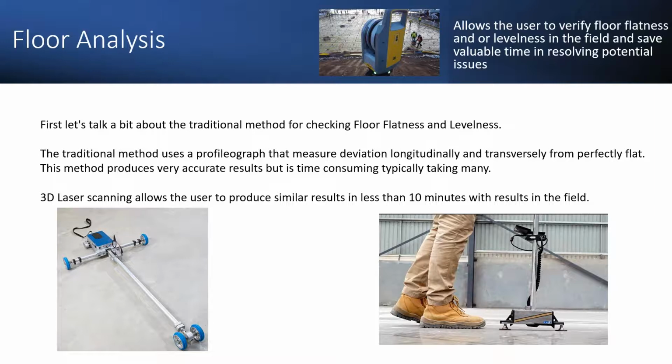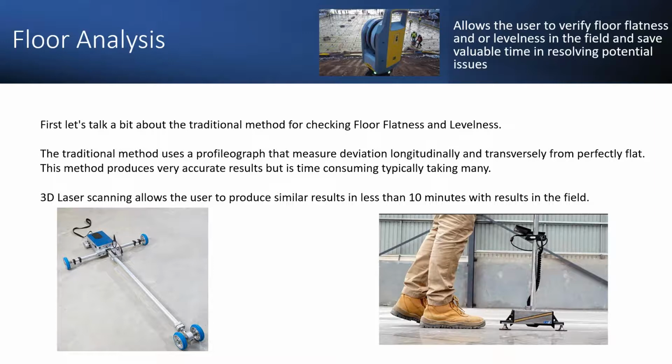This traditional method sometimes takes hours, if not days, to go in and verify. With a laser scanner, we can go in, set the scanner up in a safe place off of the work site, scan it. Scanning will typically take anywhere from 3 to 5 minutes based upon the density of the point cloud that you're scanning for.